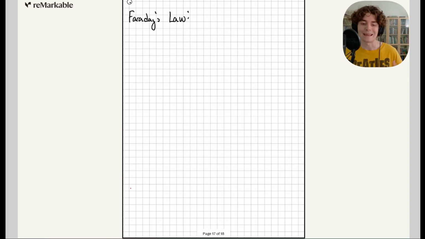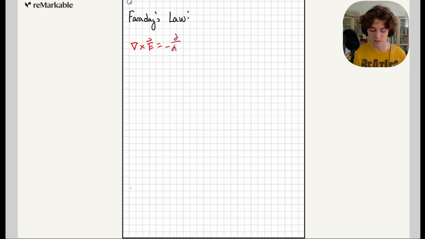And now we have Faraday's law, which tells us about the curl of the electric field, and specifically that it's the negative of the rate of change of the magnetic flux density.